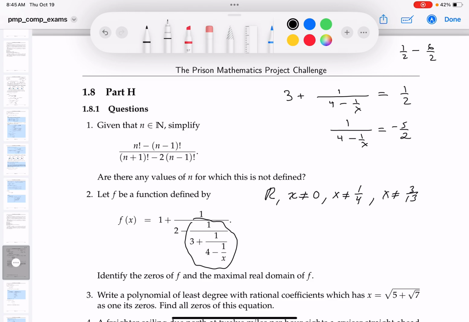And what I'm going to do is take the reciprocals of both sides. Much more difficult, isn't it? And I'm going to multiply both sides by 5x now. You get 20x minus 5 equals minus 2x.